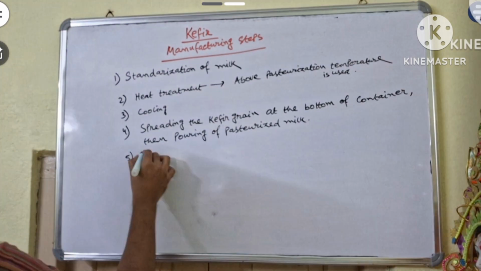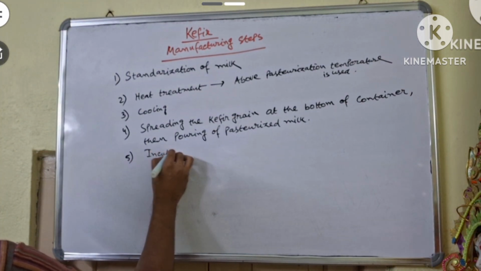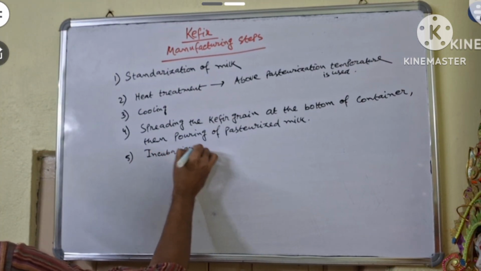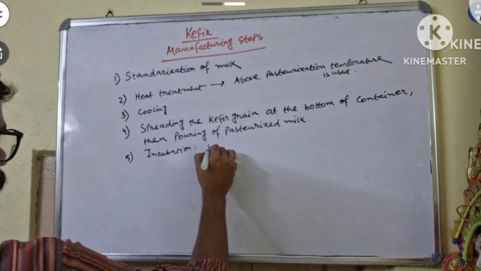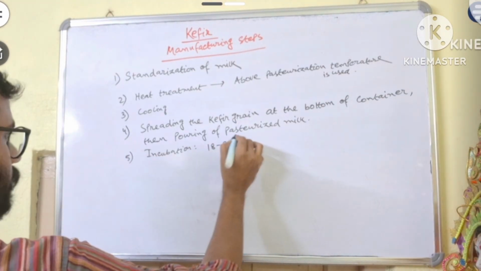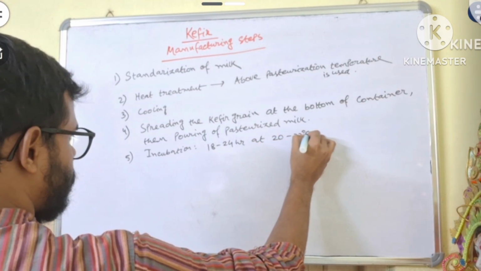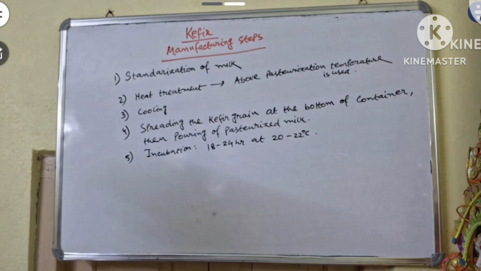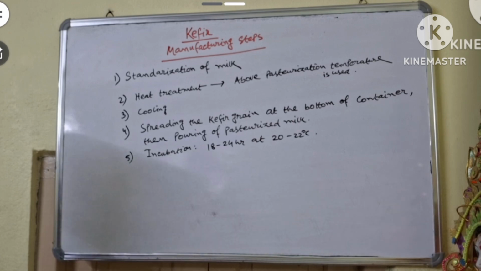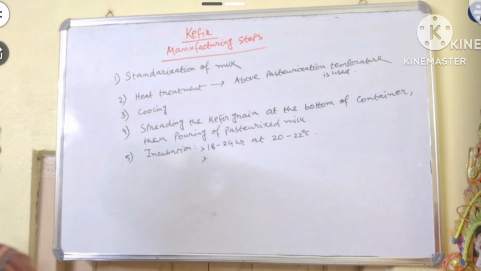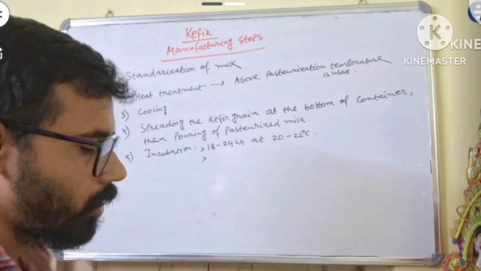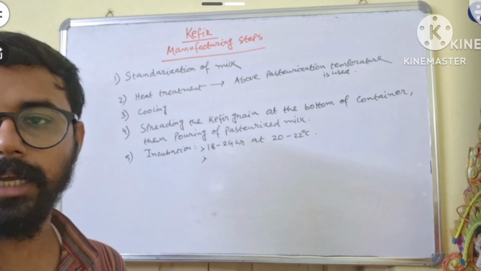Allow the fermentation incubation time. Fermentation time is 18 to 24 hours at 20 to 22 degrees centigrade, mesophilic strain. And after the fermentation process, how do you know that the fermentation is done?